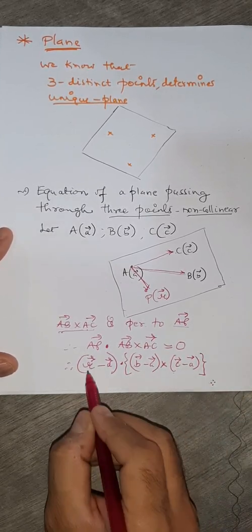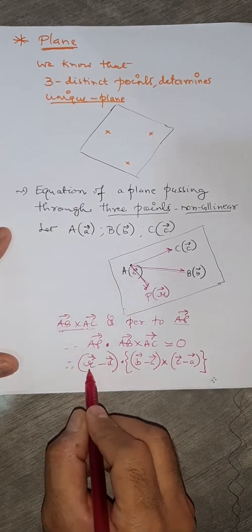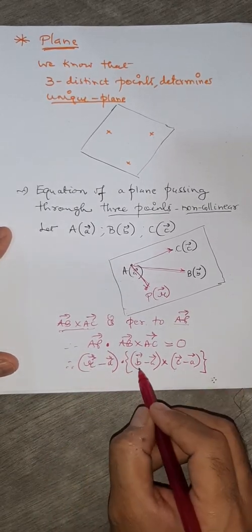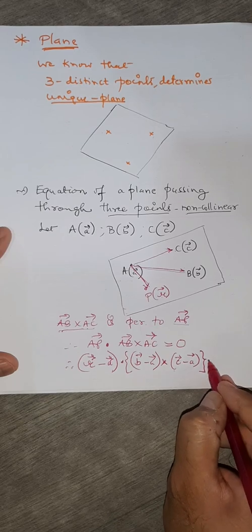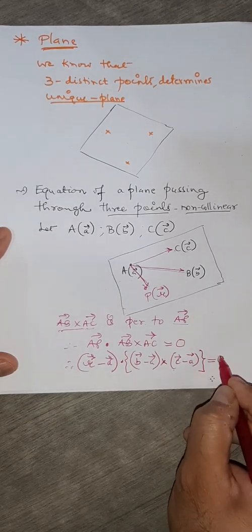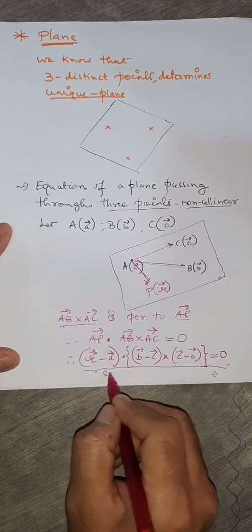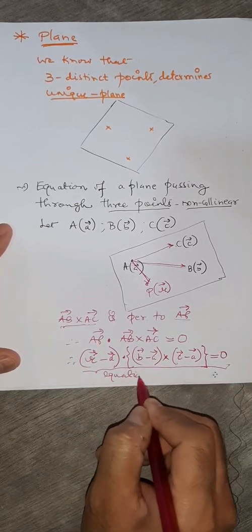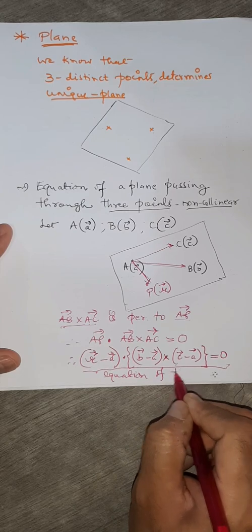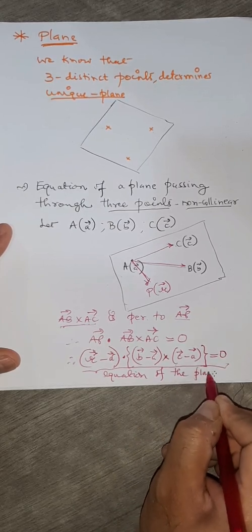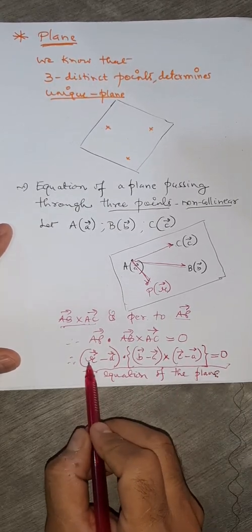This is any variable point whose components are x, y, z, remember. This is a fixed vector, this is a fixed vector, equals 0. So this is known as the equation of the plane, remember. This is called the equation of the plane. We need to remember this.